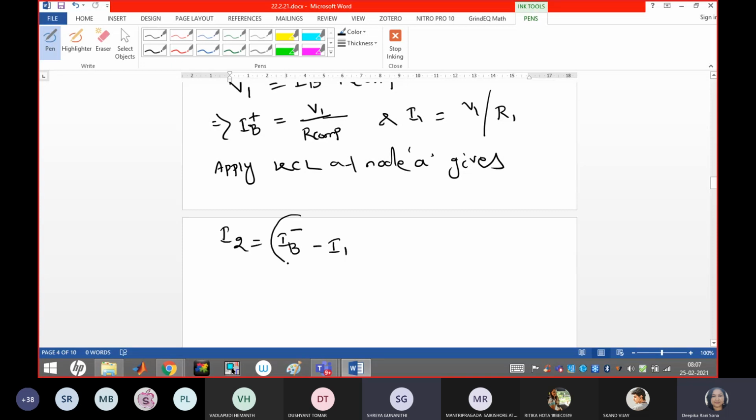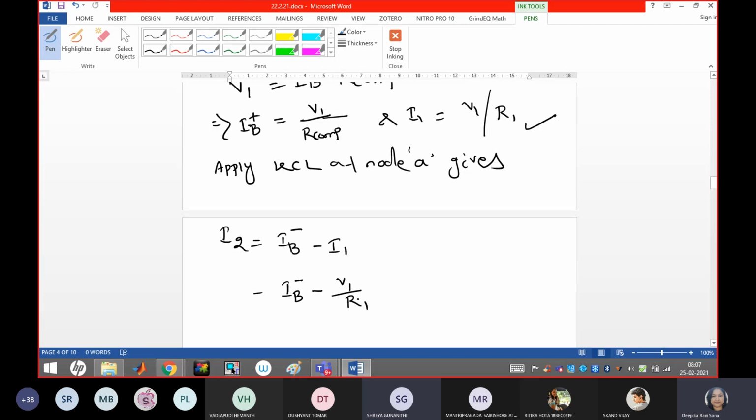Just remember the term of IB minus. And I1 we just got as V1 by R1. We will apply all these values here. So we may rewrite the term IB minus I1 is V1 by R1.